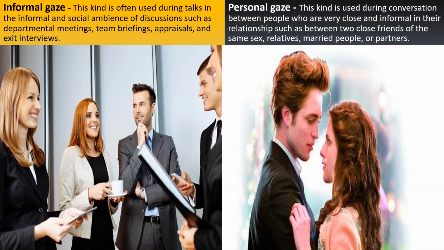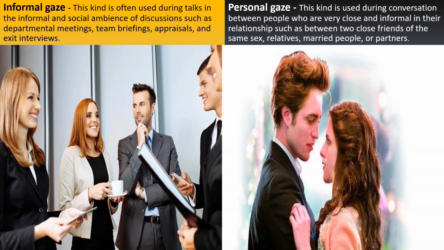Personal gaze. This kind is used during conversation between people who are very close and informal in their relationship, such as between two close friends of the same sex, or relatives, or married people, or partners. The personal gaze means they look very close, they speak very eye to eye.